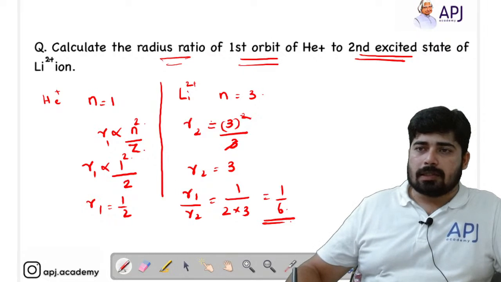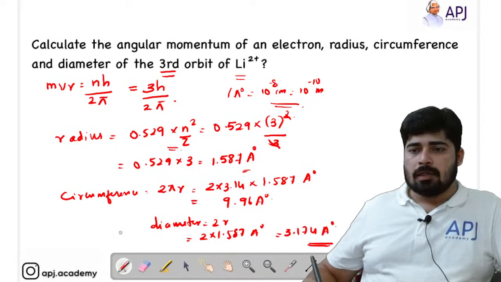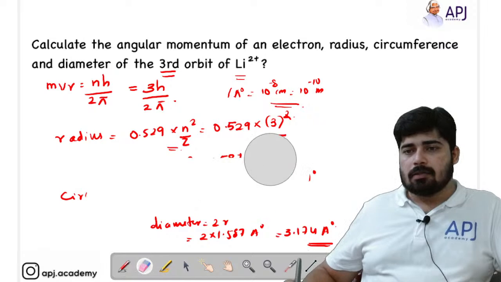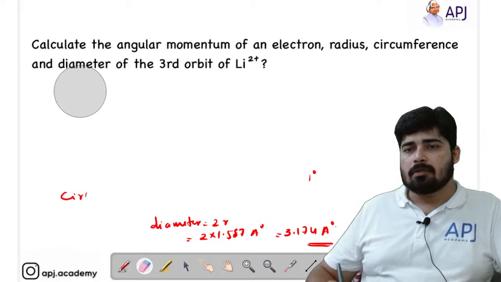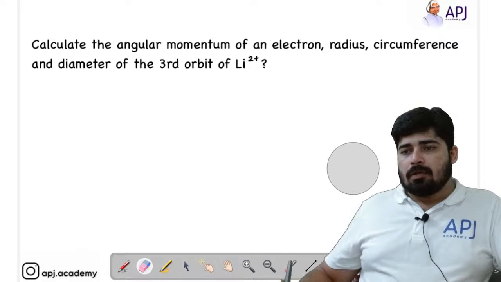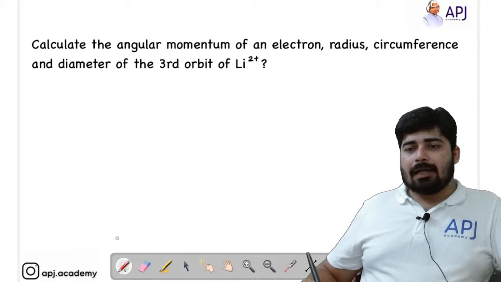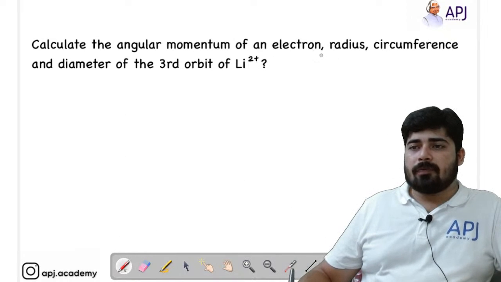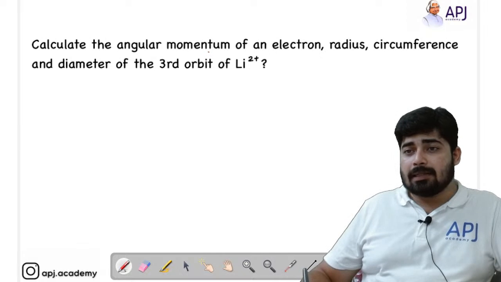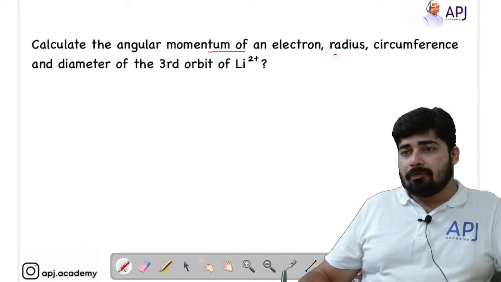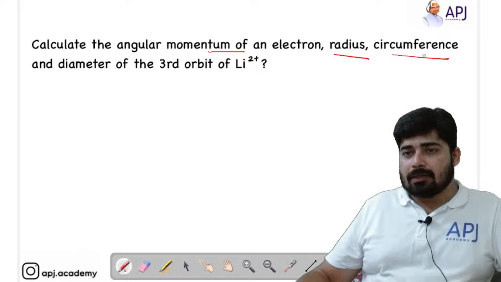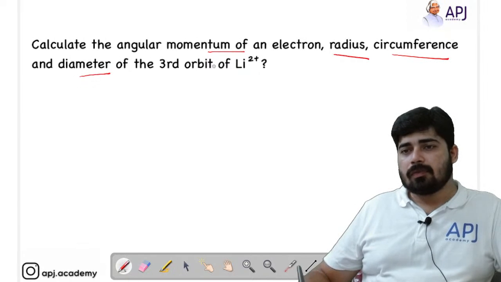Now let's move on to the next one. Here, calculate the angular momentum of an electron. You have to calculate the angular momentum, the radius, the circumference and the diameter of the third orbit of lithium 2 plus.